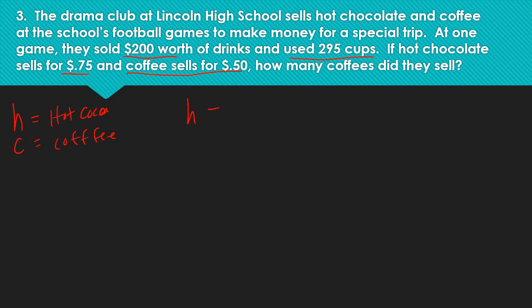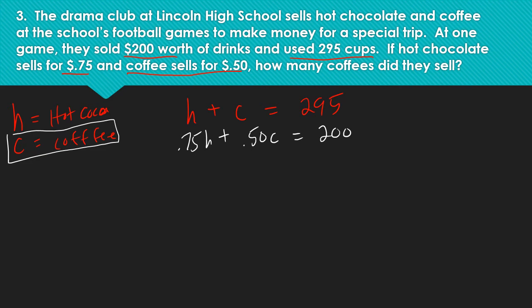And you know that H plus C equals 295 cups used. You also know that 75 cents for a hot chocolate costs 50 cents for a coffee, and together they made $200 off of that. Now, your goal is to find coffee.